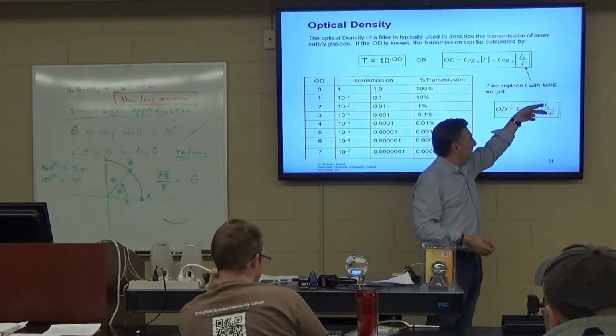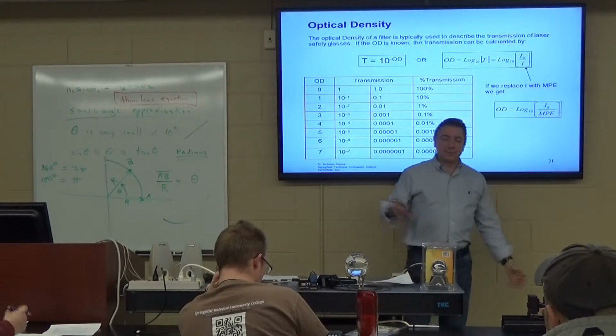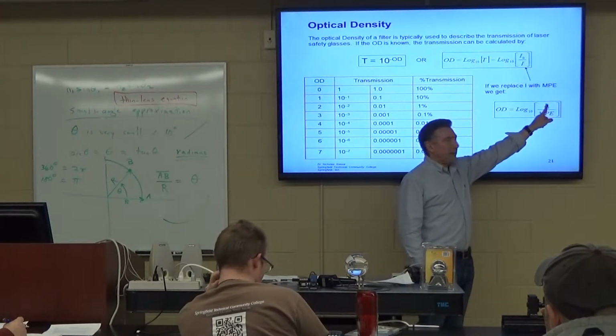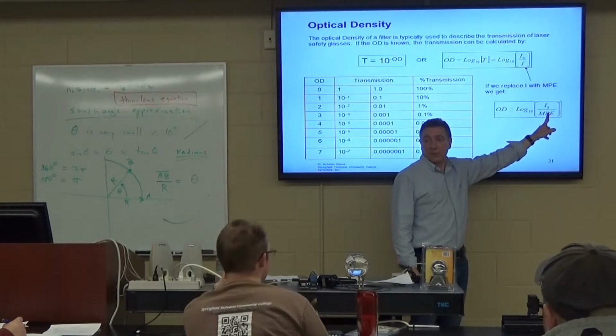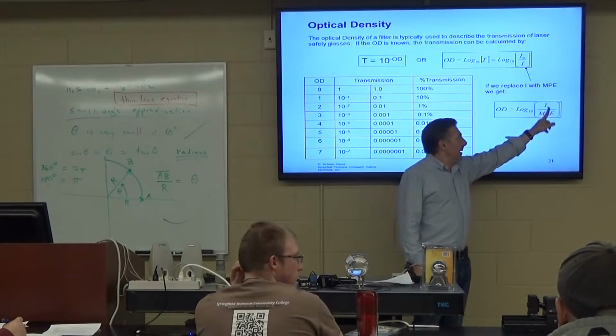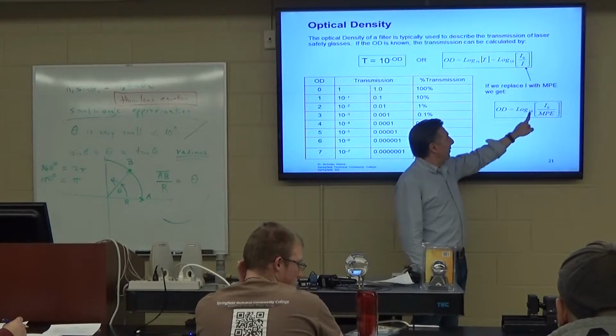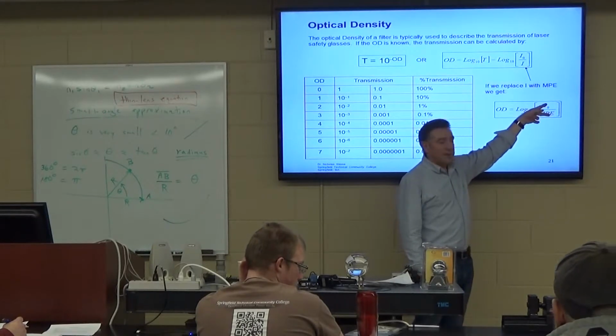All this does is say, if I have an irradiance that's 1,000 times greater than the maximum permissible exposure, what do I have to raise 10 to in order to give me 1,000?